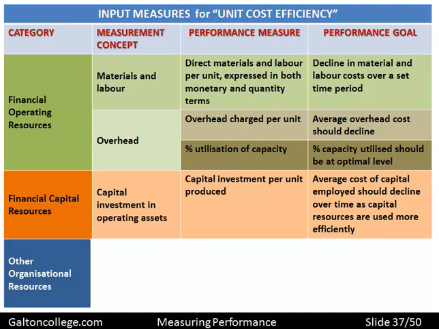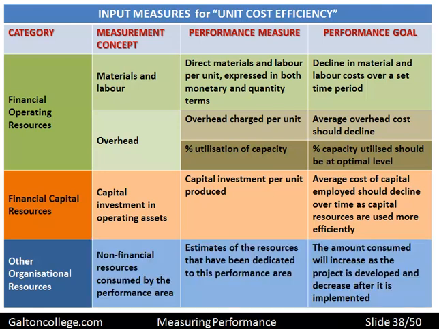There are other organizational resources that should be taken into account. Non-financial resources consumed by the performance areas. There are many resources that are absorbed within the business, some of them difficult to work out. As I said, floor space may be one, or the positions of production in terms of daylight.